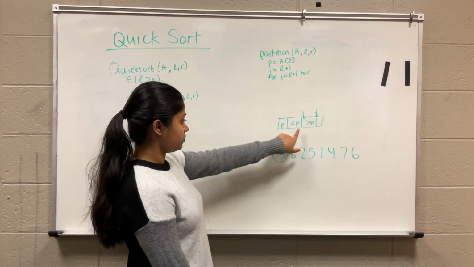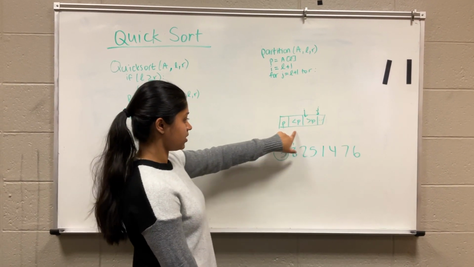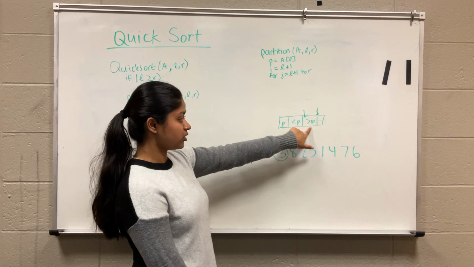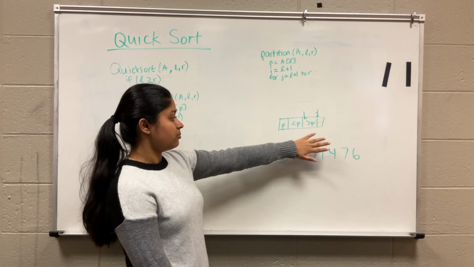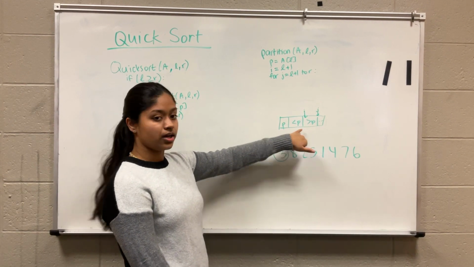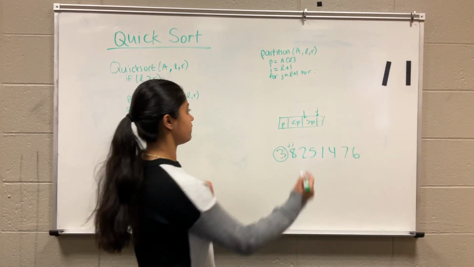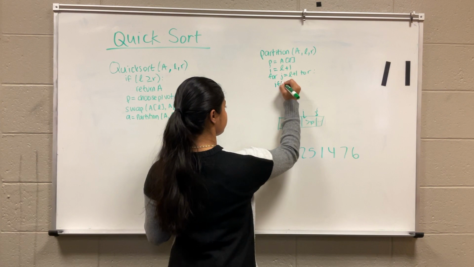So what we want to do is go through all the elements. If it's greater than p, we don't really need to do anything because it's already on that side. But if it's less than p, we want to move it to the other side of the I. So we're going to have an if statement here.